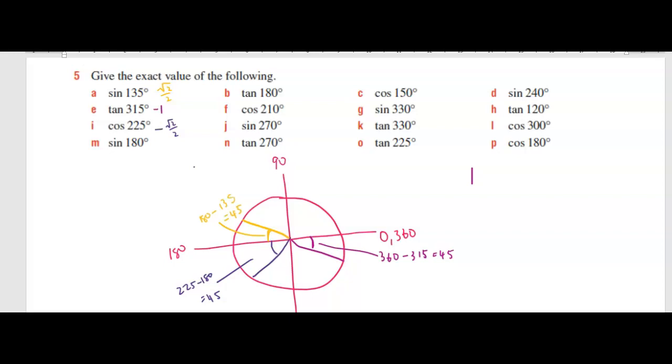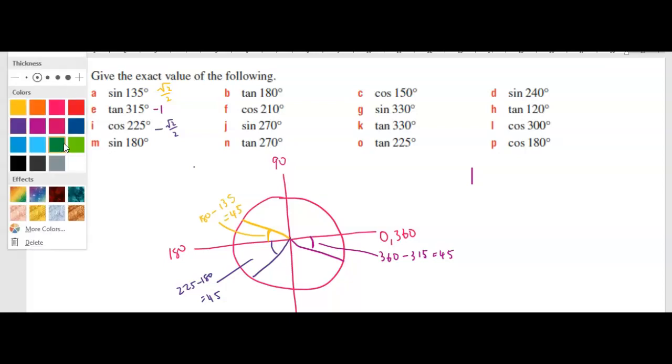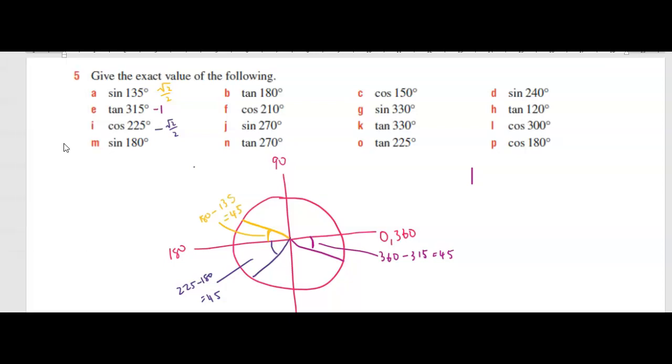All right, and let's do sine of 180. So 180 is actually here. Now, the way you can remember this is, remember sine is y, the same as your y coordinate. At this point, the coordinate is -1, 0.